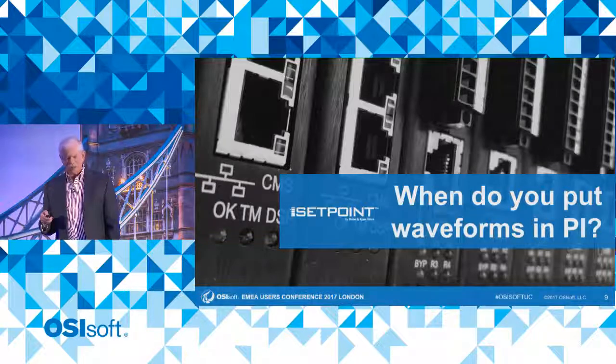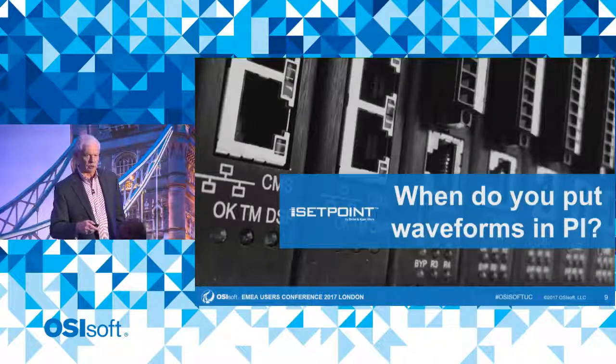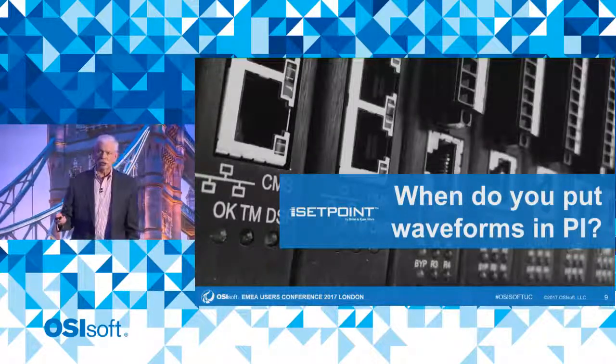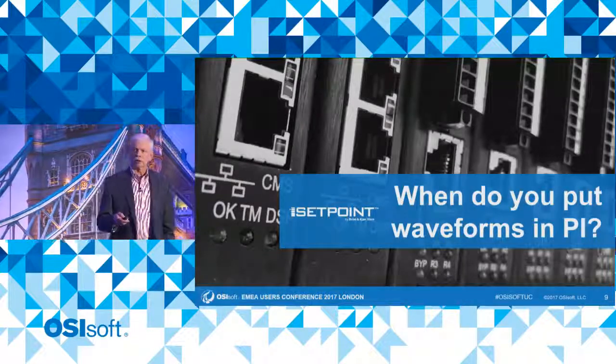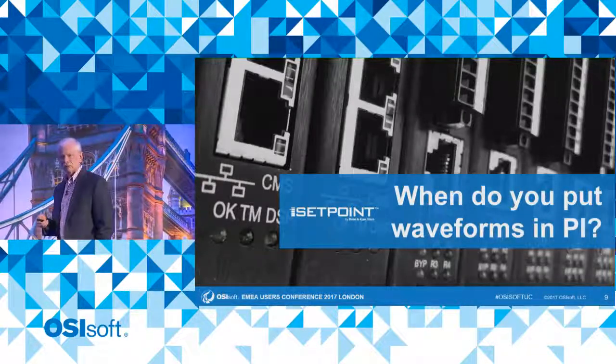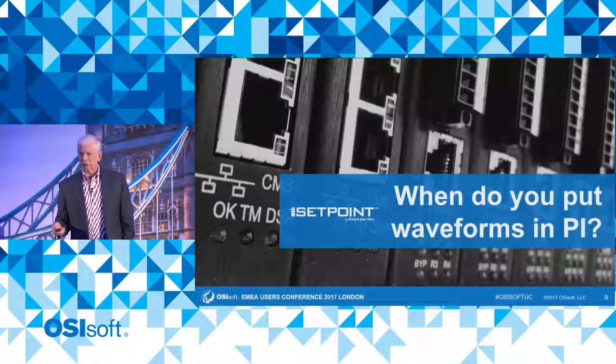So if we were to take all of that data from a single sensor and stream it into PI continuously, and we did that for a whole machine, 20 sensors' worth, we would consume about 1 terabyte a week in a PI server. And of course, nobody is going to be too happy about that.